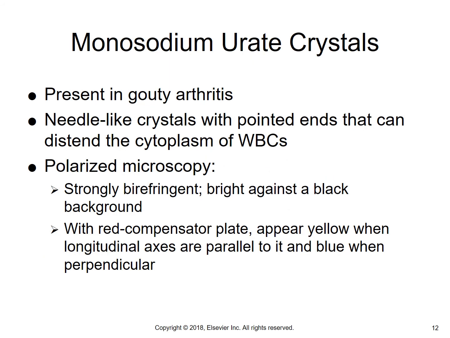Now we must talk about crystal identification, which is very important in synovial fluid. The identification of certain types of crystals definitely distinguishes a specific joint disease. When crystals are present, they are typically of only one type.